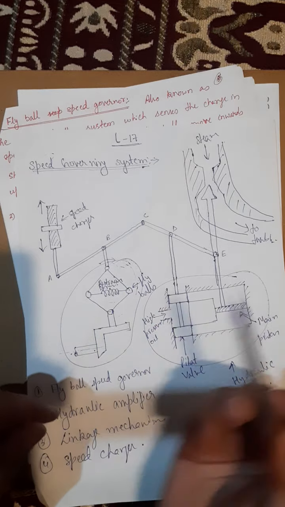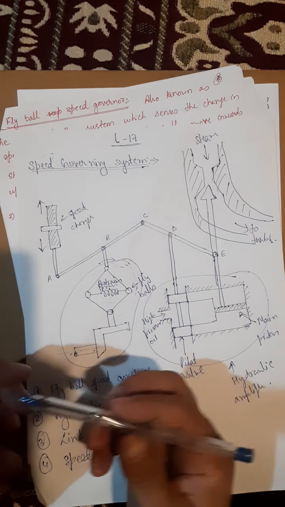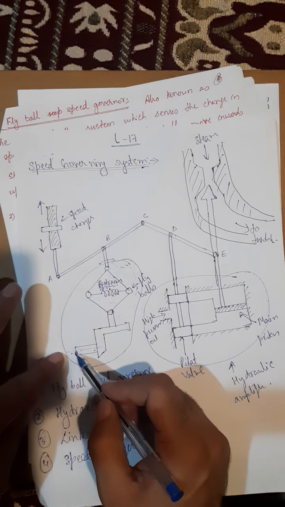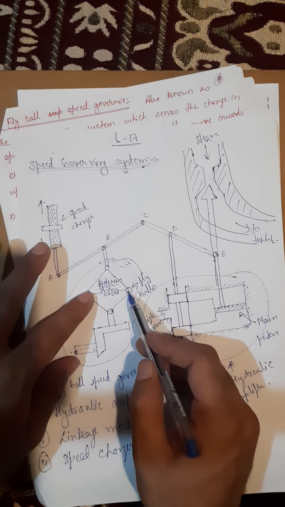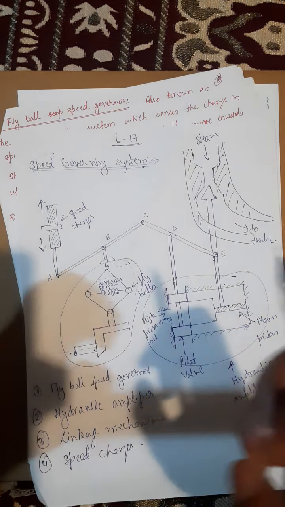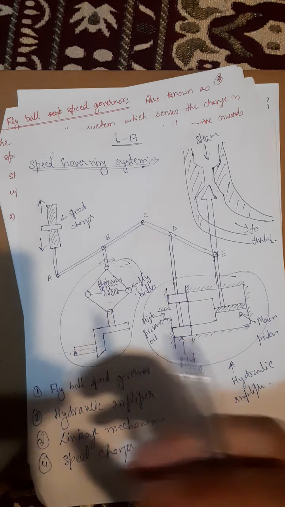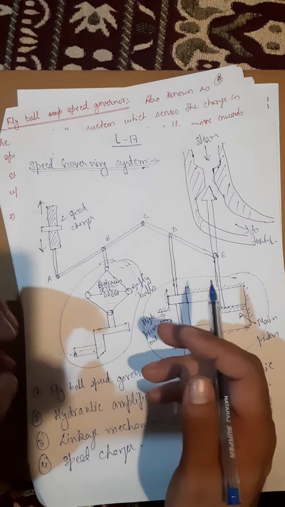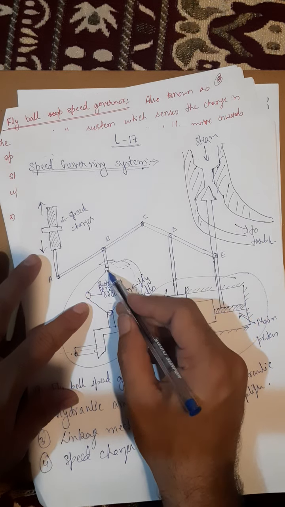So these flyballs are rotating, initially at a constant speed. If the speed increases suddenly, what will happen to these flyballs? This spring will get expanded and these balls will move apart from each other, because of the expansion of the spring. What will happen to point B?